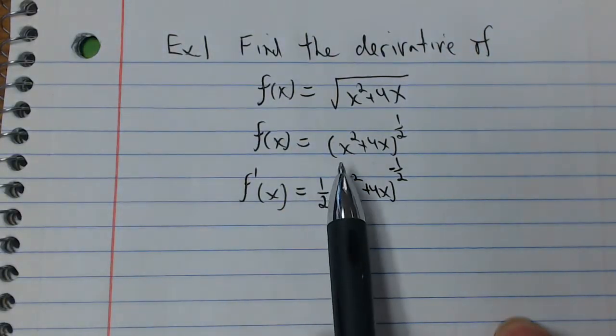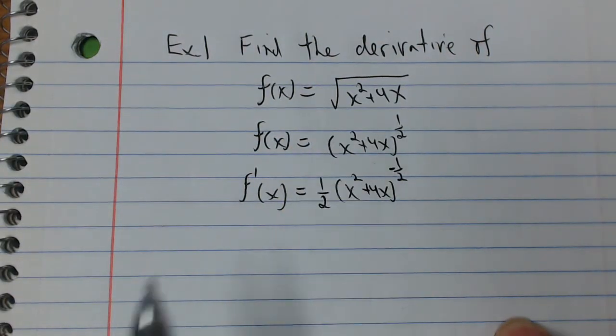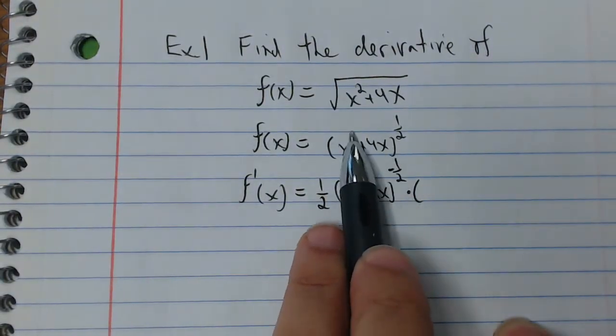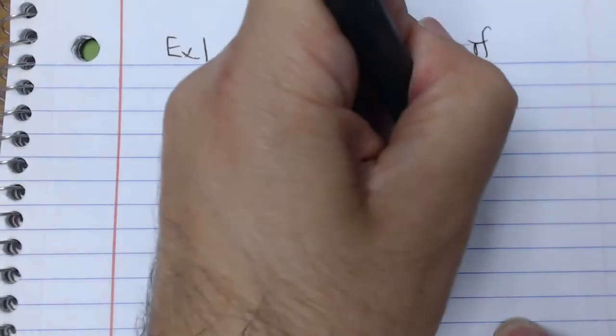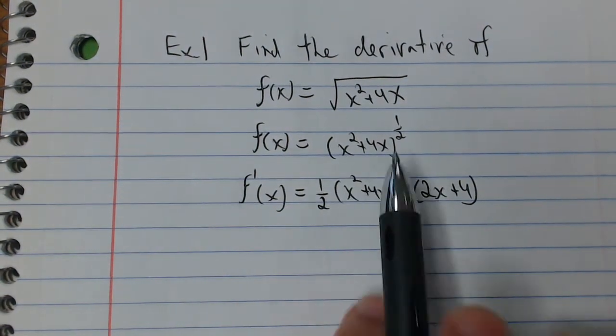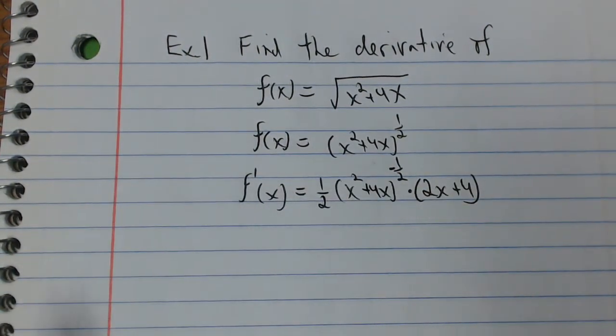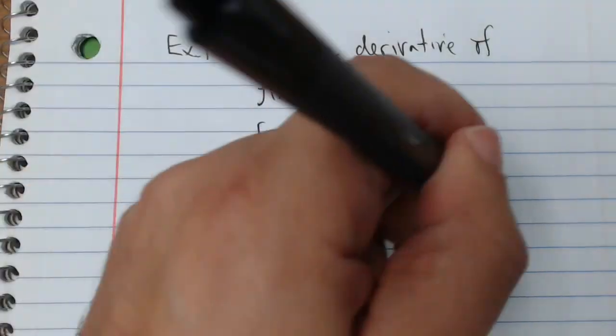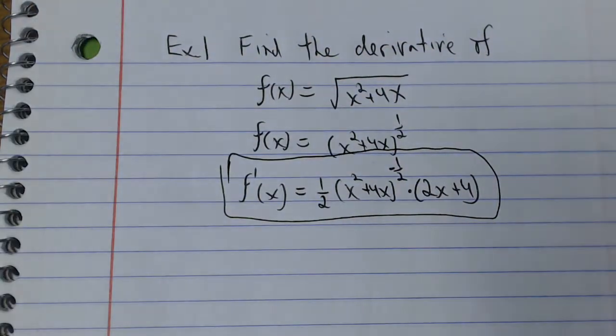Now, once I do that, I'm ready to go inside. So then I would say times the derivative of the inside, which is 2x plus 4. And once I get through this, I can't go in any further. So this is my derivative, which I found using the chain rule.